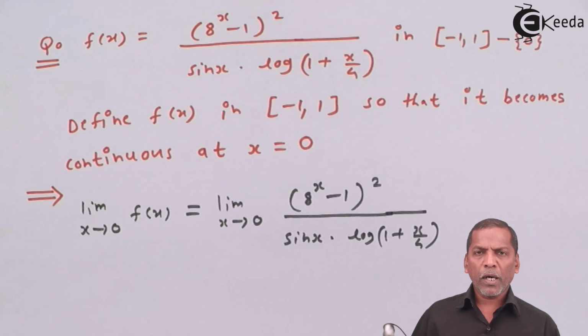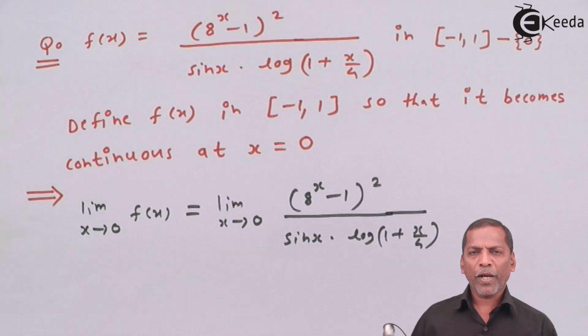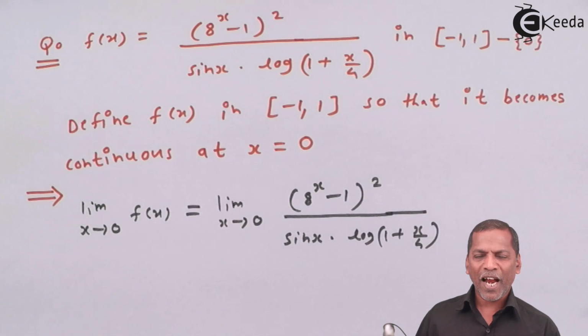Now, to get the limits, we have to divide numerator and denominator by x square.